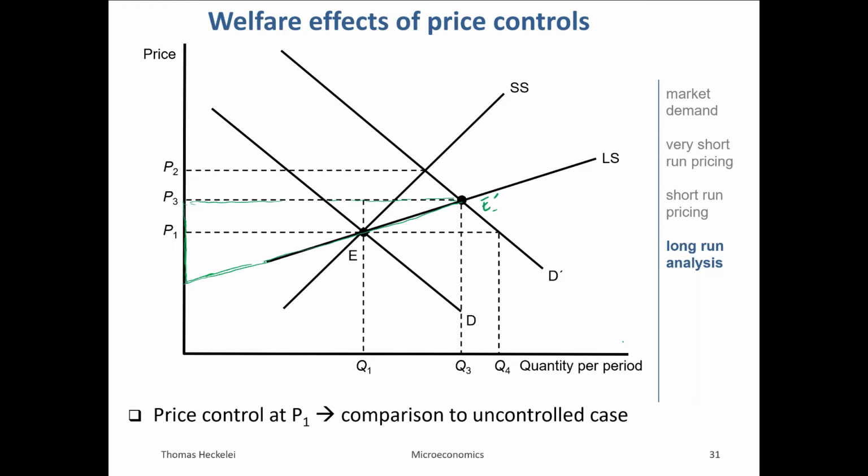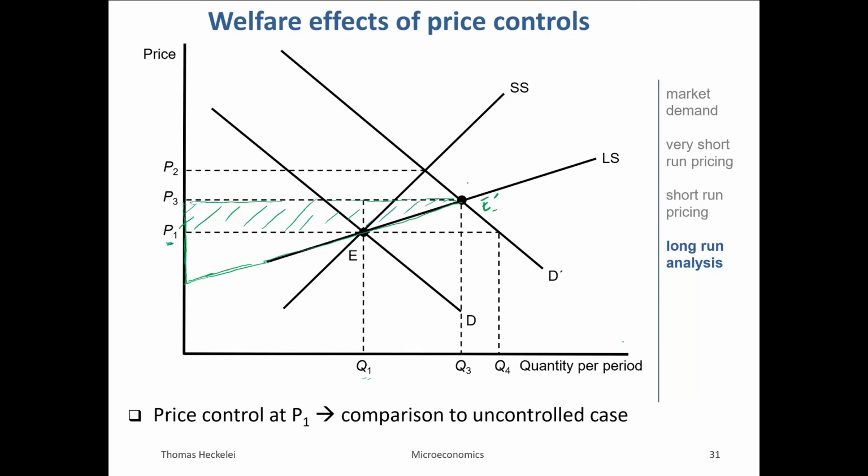However, because of the price control, now the price stopped at P1 and the quantity stopped at Q1. So for the welfare loss for the producer, he does not enjoy this area anymore, the area that I'm crossing right now, right?